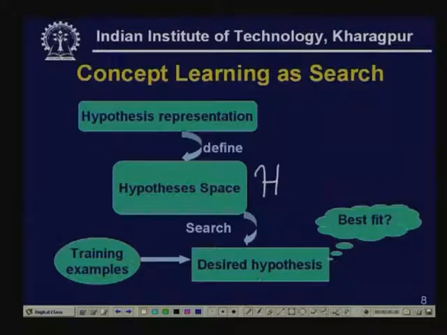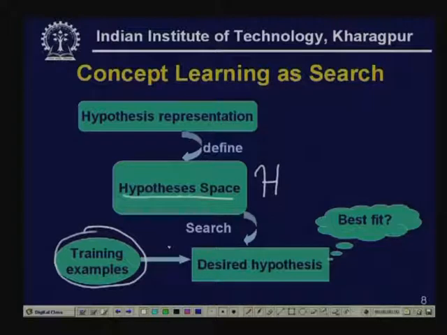Our objective is to find the desired hypothesis by searching from this hypothesis space. The desired hypothesis is one which best fits the training examples that we are given. The training examples are input to the learning algorithm. The learning algorithm searches through the hypothesis space to find one of the hypotheses which best fits the training examples.